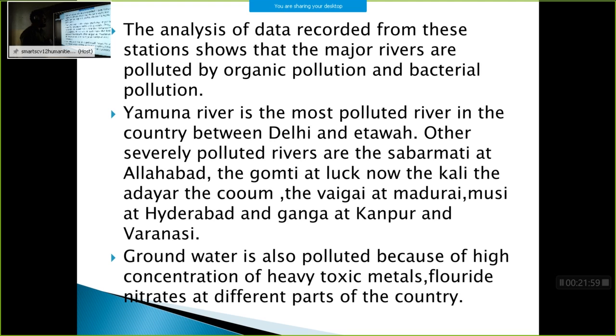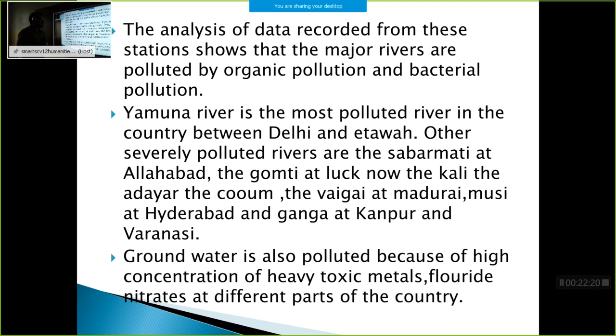Other severely polluted rivers are the Sabarmati at Allahabad, Gomati at Lucknow, the Kali, the Adayar, the Kunnam, the Vaigai at Madurai, Musi at Hyderabad, and Ganga at Kanpur and Varanasi. These are the other polluted rivers in India.